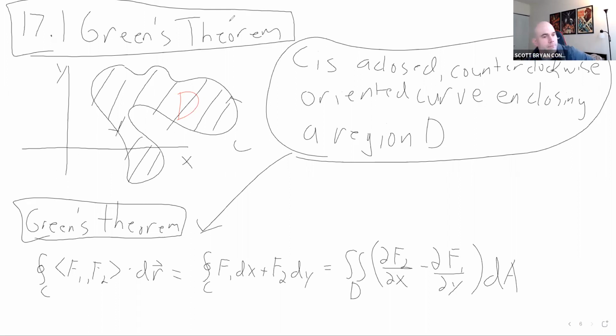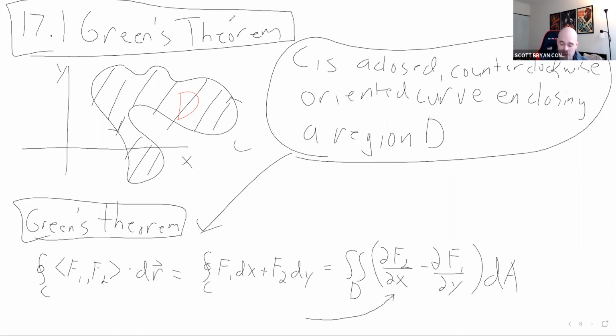We integrate that over the enclosed region D. Okay, so this partial of F2 with respect to x minus this partial of F1 with respect to y, that you should remember from the cross partials condition for checking that a vector field is conservative on R2.